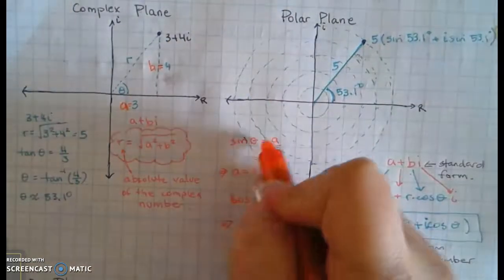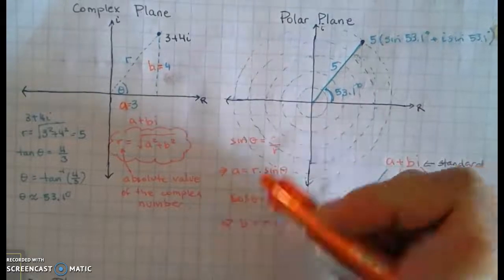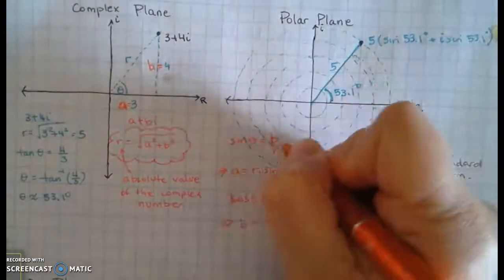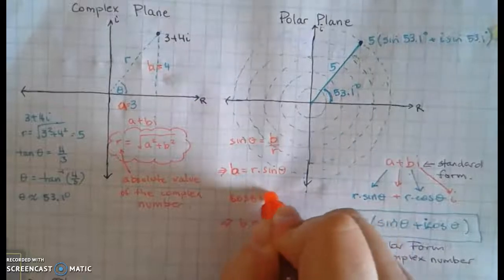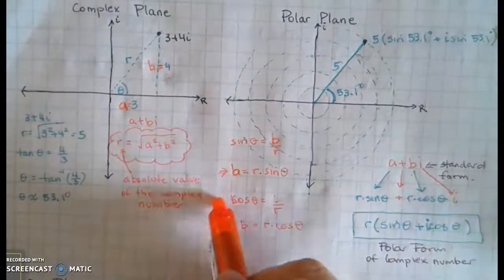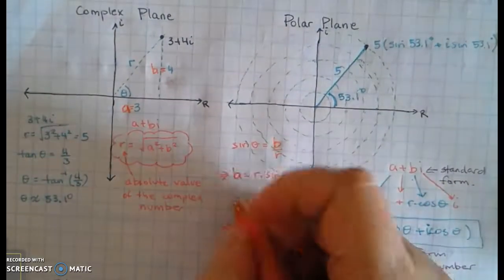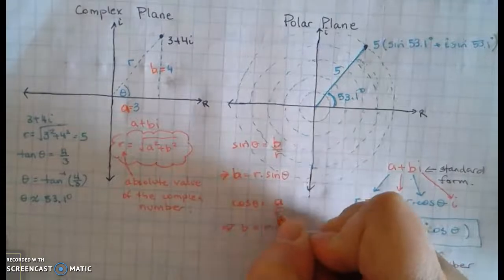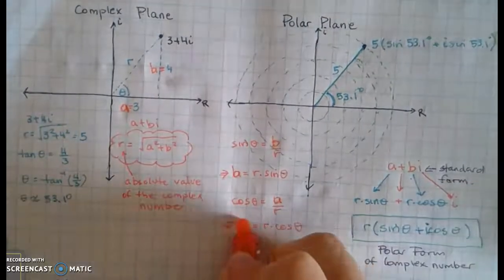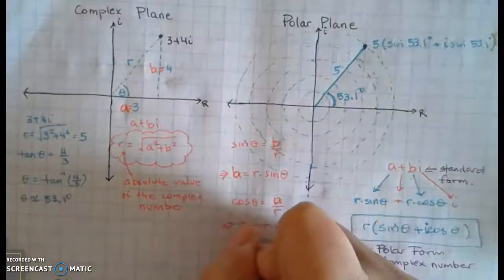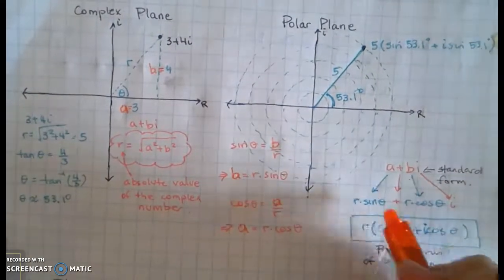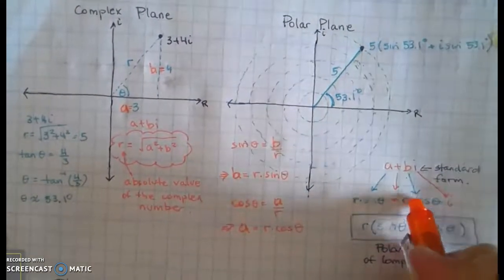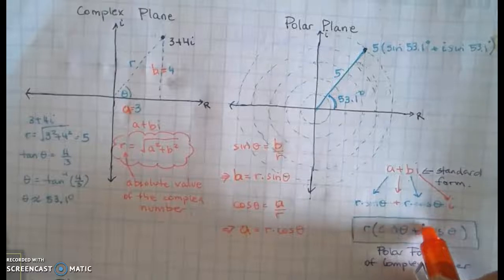So that means this is going to be B over A. Cosine of theta is going to be A over R, so A is equal to R times cosine of theta. So this is going to be changed to sine and cosine.